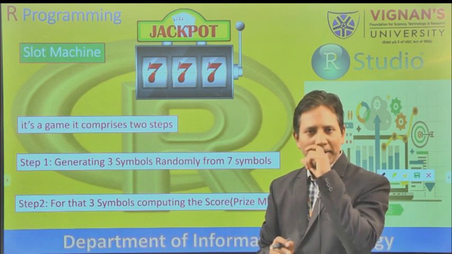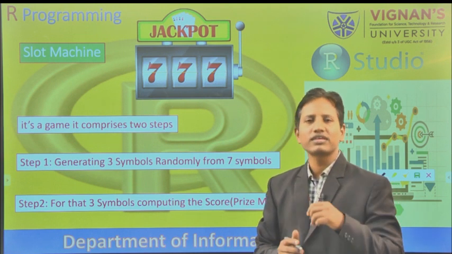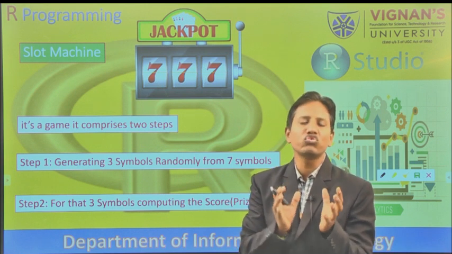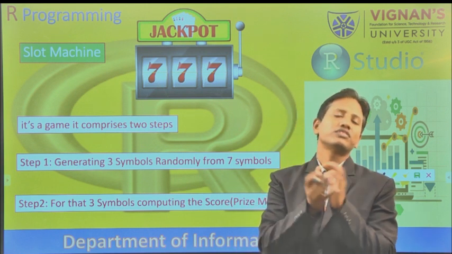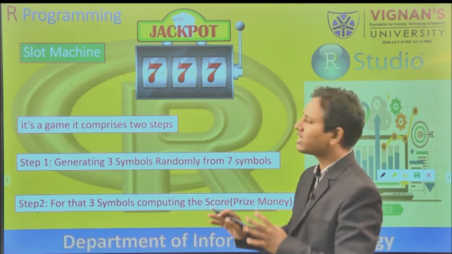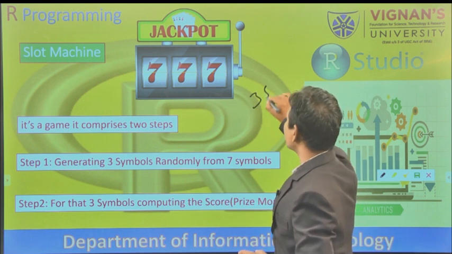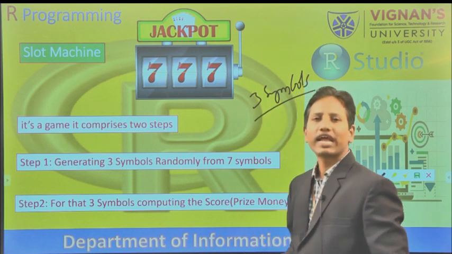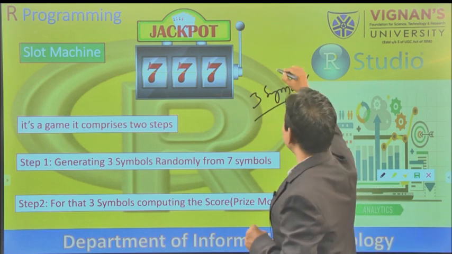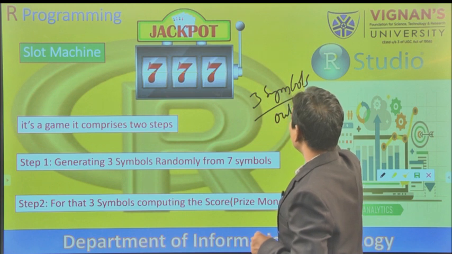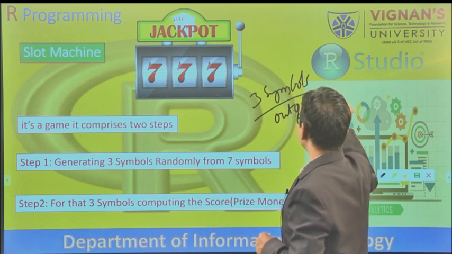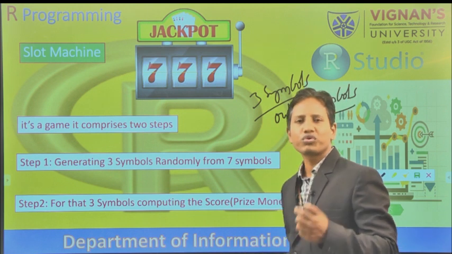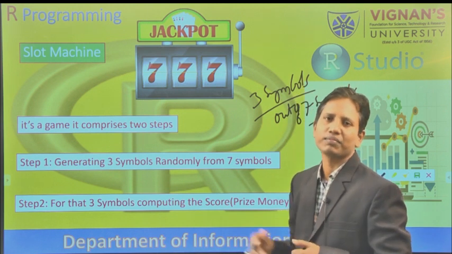Once you press the button, it's going to spin for some time, and ultimately you will be shown some symbols. Here in our case, 3 symbols are going to be shown, out of 7 symbols. In short, you are going to see what the symbols are going to be.